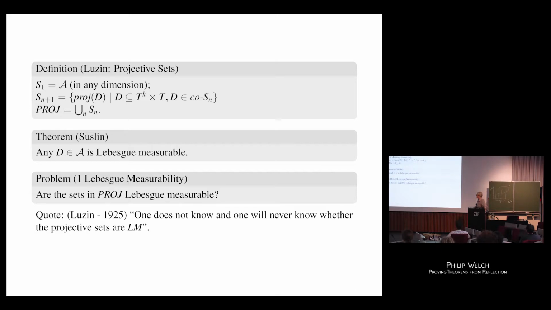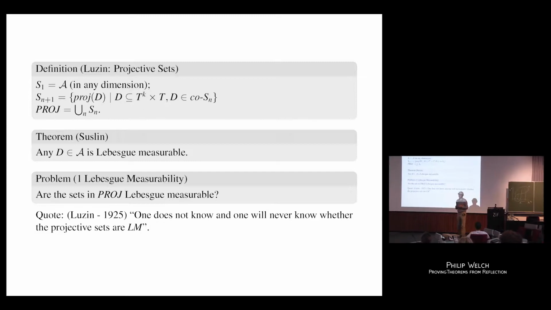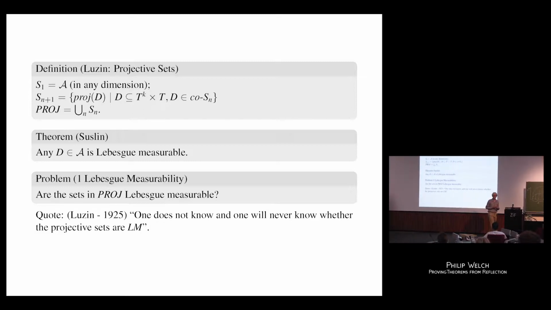So the problem that then immediately comes to mind was, are the sets in Proj Lebesgue measurable? And there's a famous quote here from Luzin in 1925 that this was an intractable question. He thought one does not know, and one will never know, whether the projective sets are Lebesgue measurable.